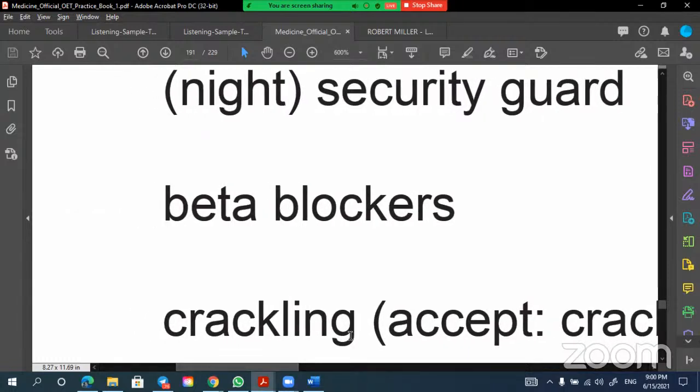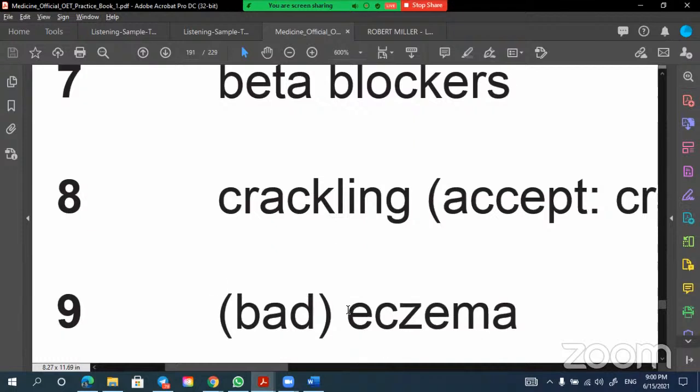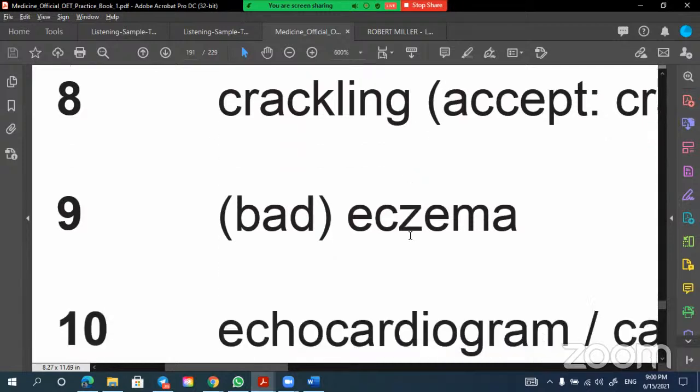Next one is bad eczema. So bad is not there also, it's okay. Eczema.